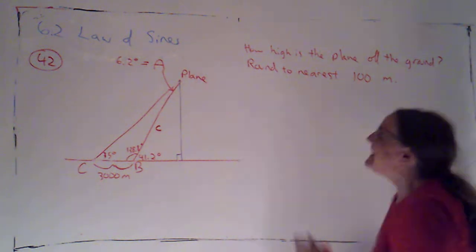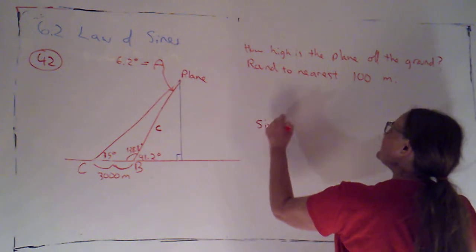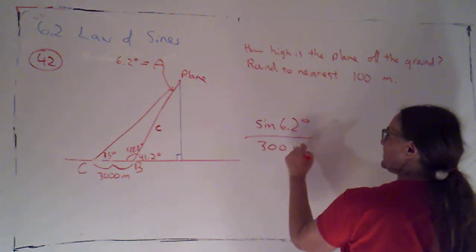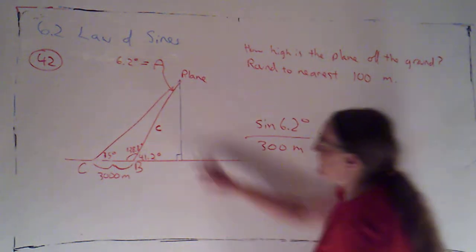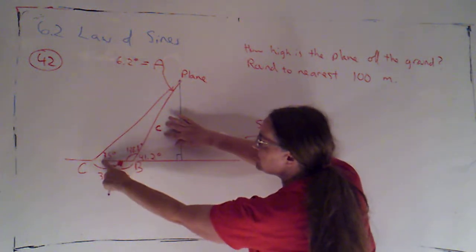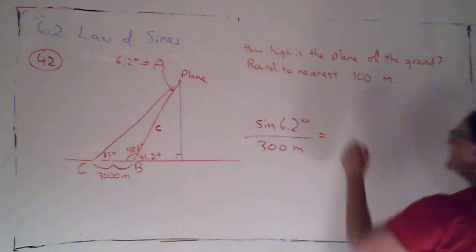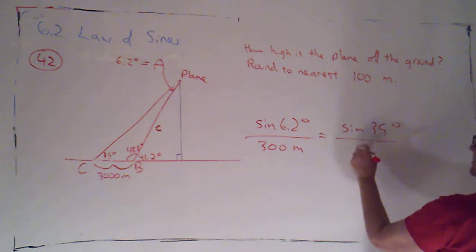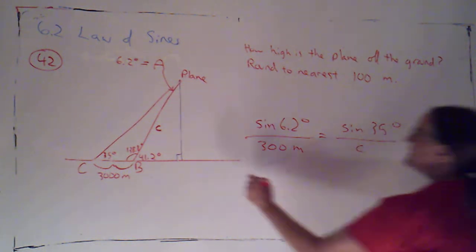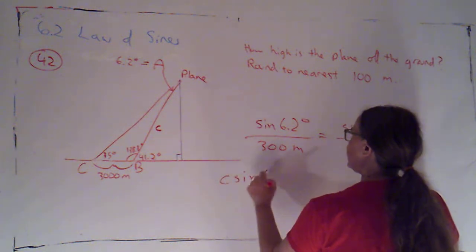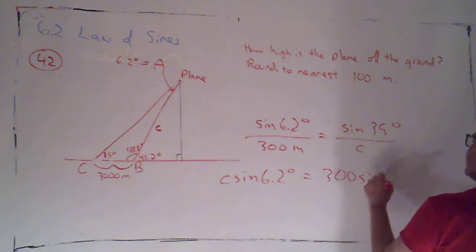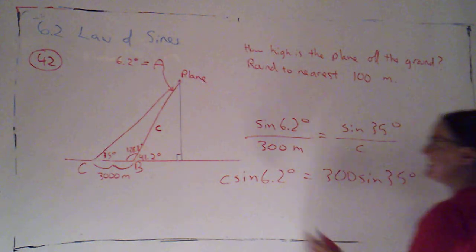So I can say sine of 6.2 degrees corresponds to 3,000 meters. In the same way, if I'm finding C, that's opposite the 35 degrees, so sine of 35 degrees corresponds to side C. So C times sine of 6.2 degrees is equal to 3,000 times sine of 35 degrees.